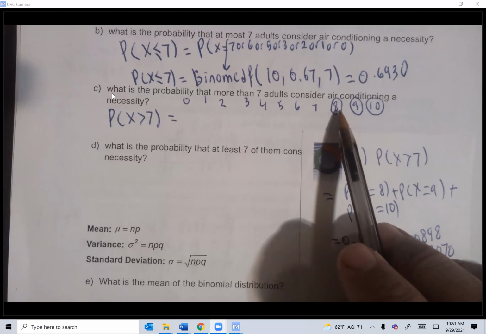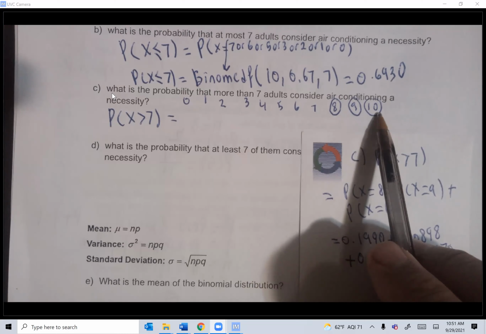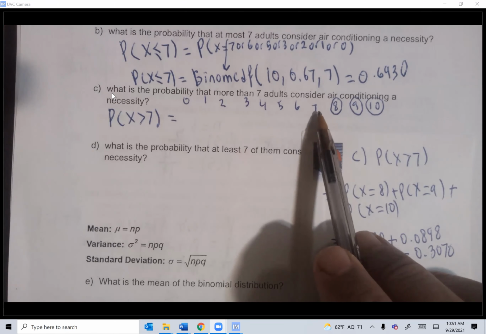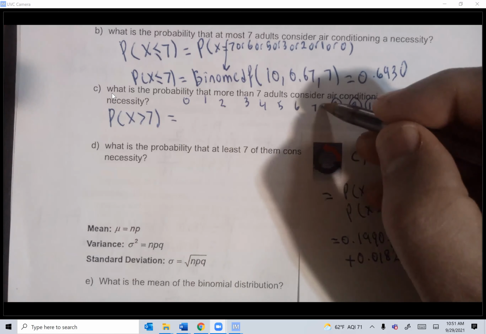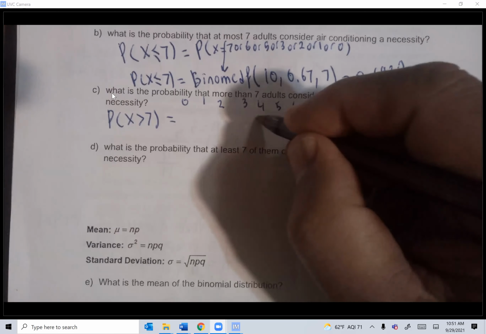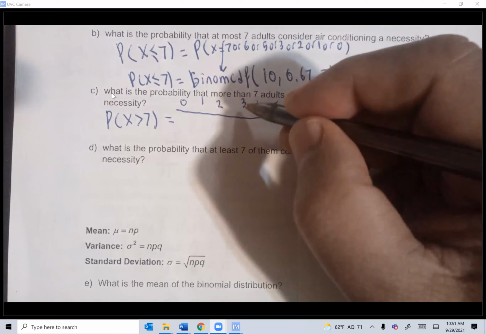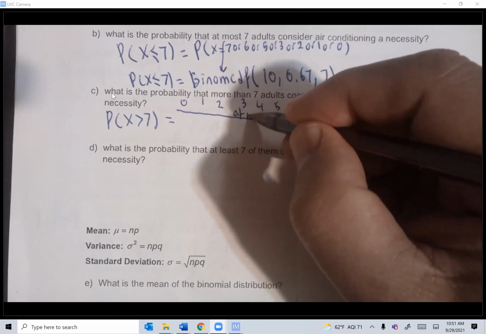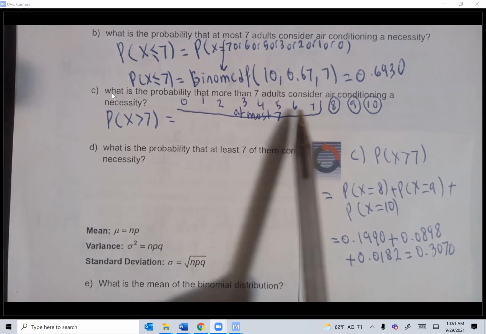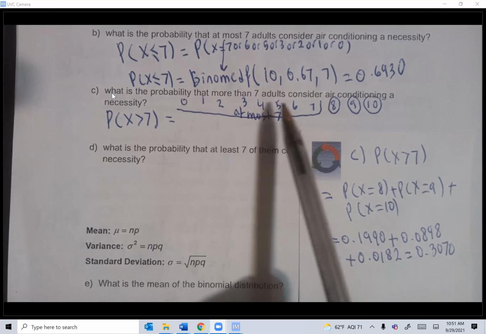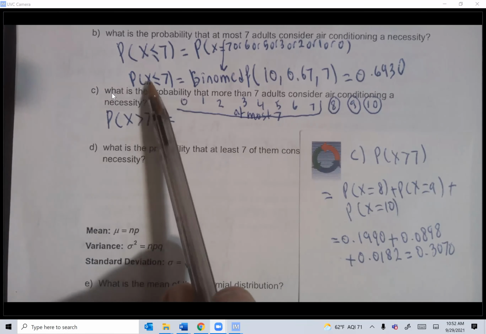We need 8, 9, and 10. And we don't need 7, 6, 5, 4, 3, 2, 1, 0. But guys, 7, 6, 5, 4, 3, 2, 1, 0 means at most 7. That's at most. 7 or less means at most 7. And we already did that in the previous question, at most 7, which we know is 0.6930.